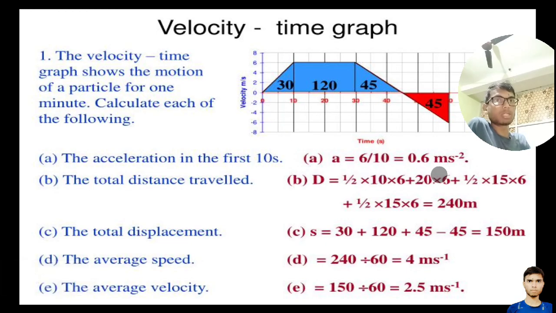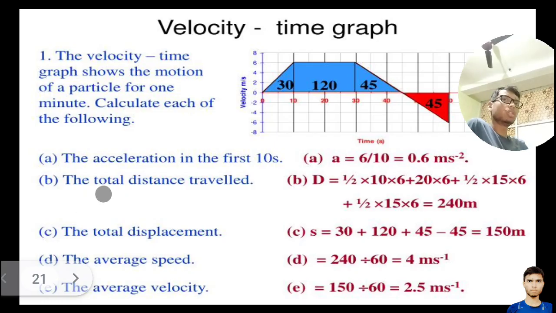So 6 upon 10 will provide 0.2 meter per second squared. Here the formula was used, and time was given, as well as velocity. You just have to calculate what would be the acceleration in this question.